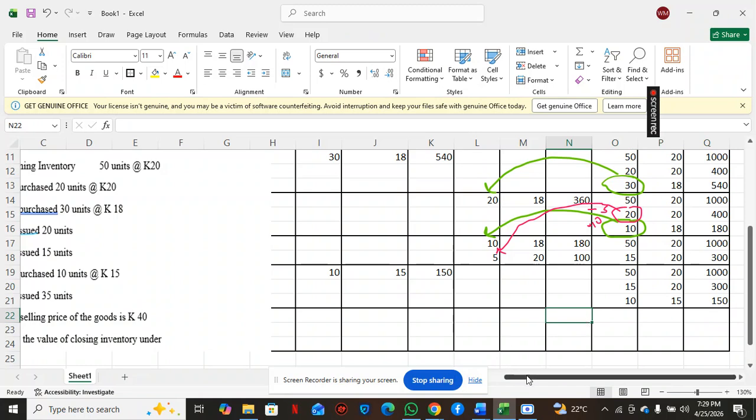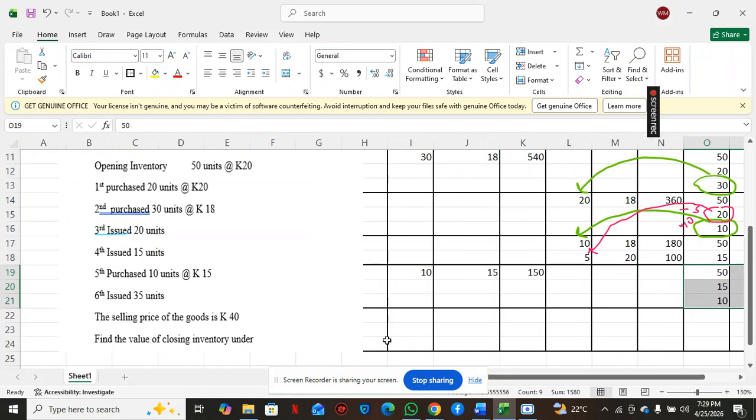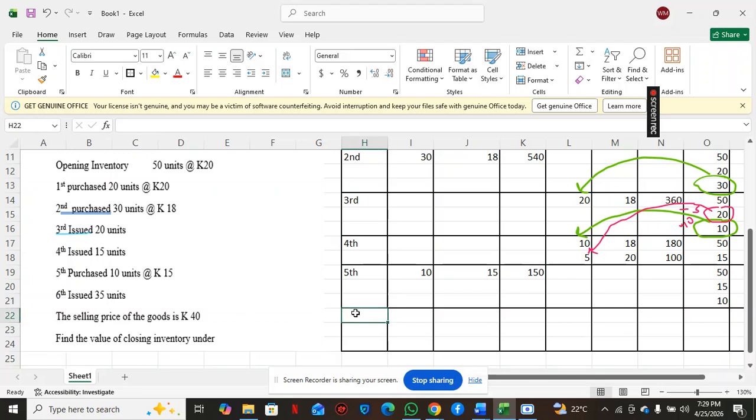Then when there's a sale or an issue, you need to apply either FIFO or LIFO, depending on which one you're using. So on the 6th, sold 35 spare parts.